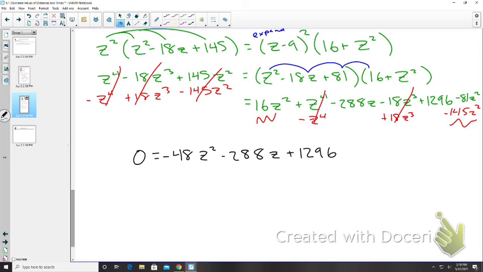We're getting there. We're still solving for z, right? So let's factor out a negative 48. So z squared plus 6z minus 27. Now we need to factor this. What gives us a product of negative 27, but a sum of positive 6? That will be positive 9 and negative 3.